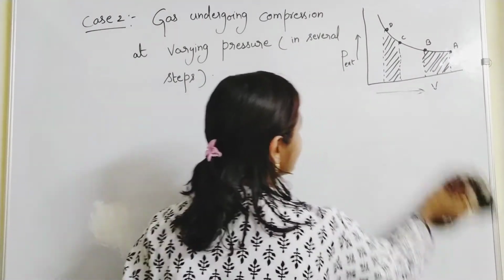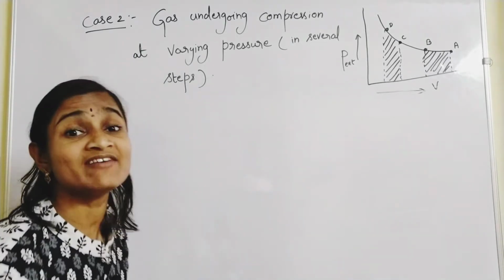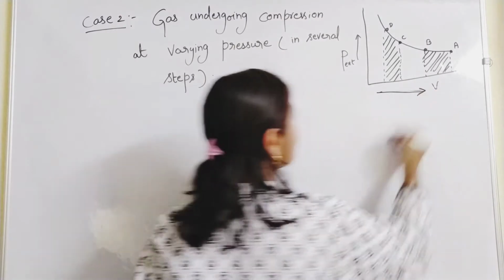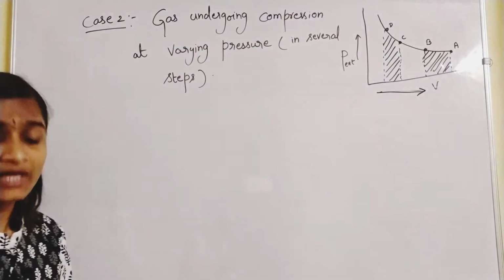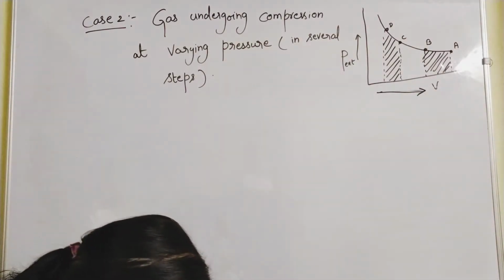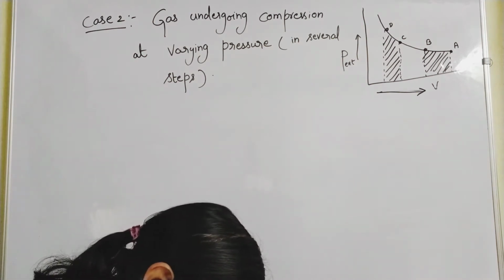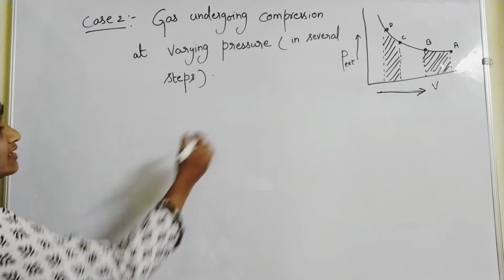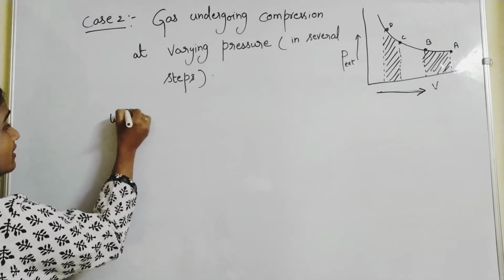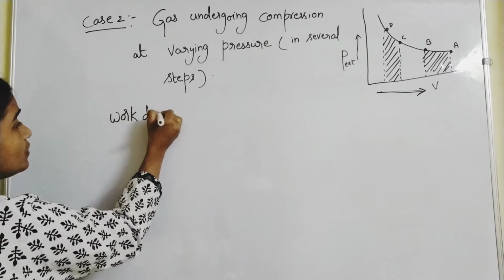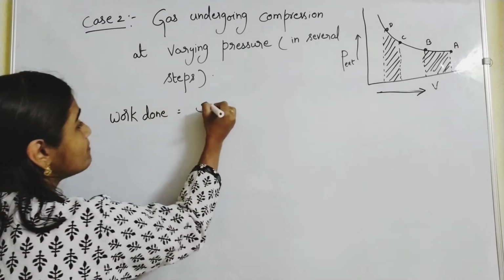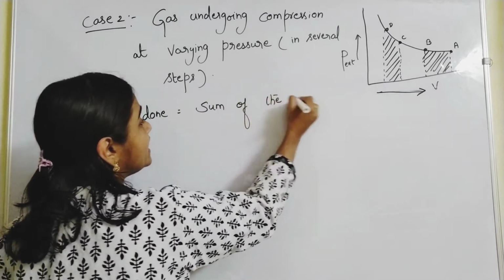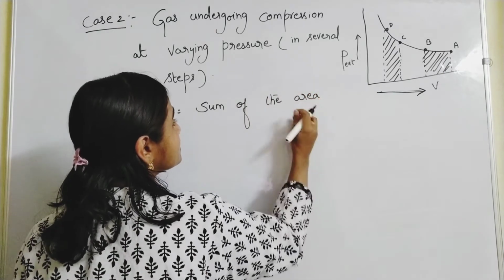But it is undergoing compression in several steps. Isn't it? So sum up all the steps. That will give you the work done. Work done will be equal to the sum of the shaded areas.